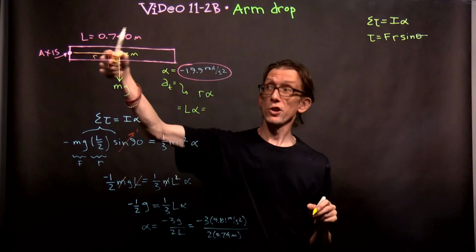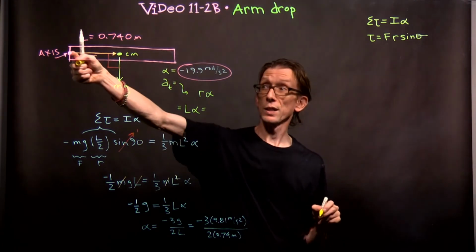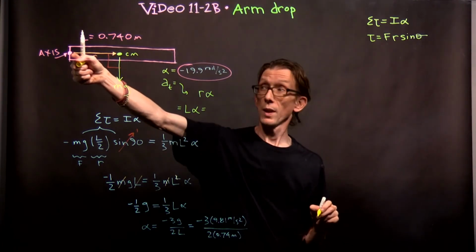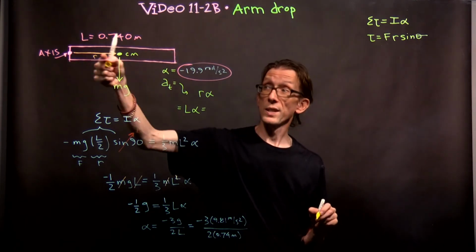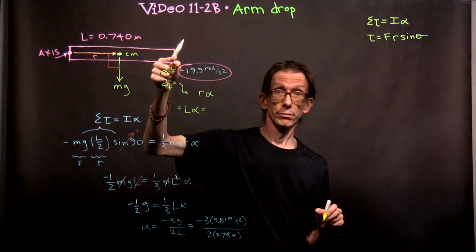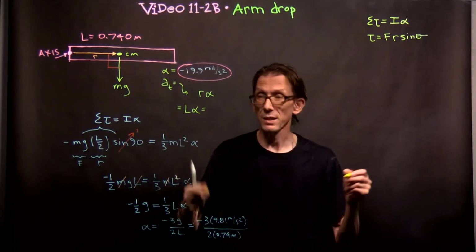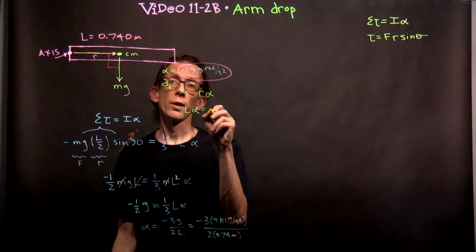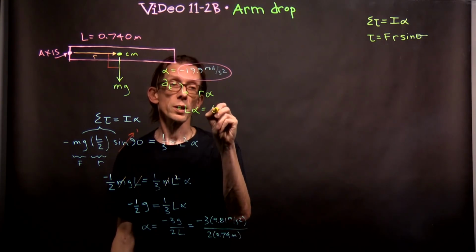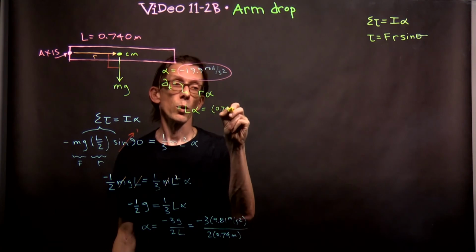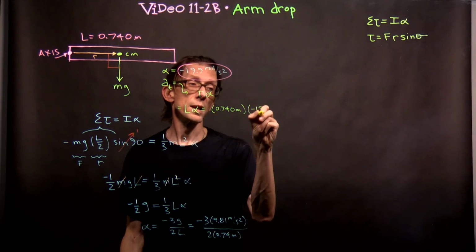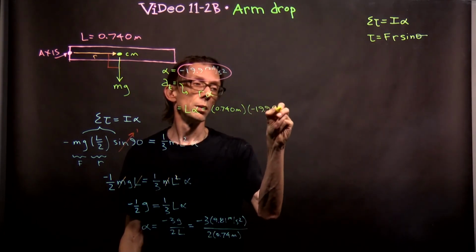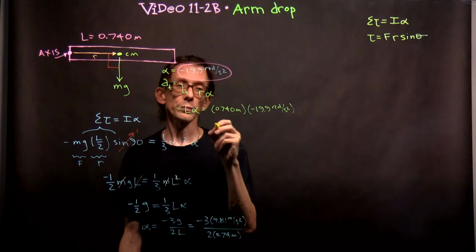The tangential acceleration is not the same all along this. It's 0 over here because that point's staying still, right? It's 0 on this end of my arm, but it's not 0 over here. It increases as you move out. There's a nice picture in the textbook with some dice that showed this to you. What you get here is the tangential acceleration is going to be L, which is 0.740 meters, times the angular acceleration, minus 19.9 radians per second squared.